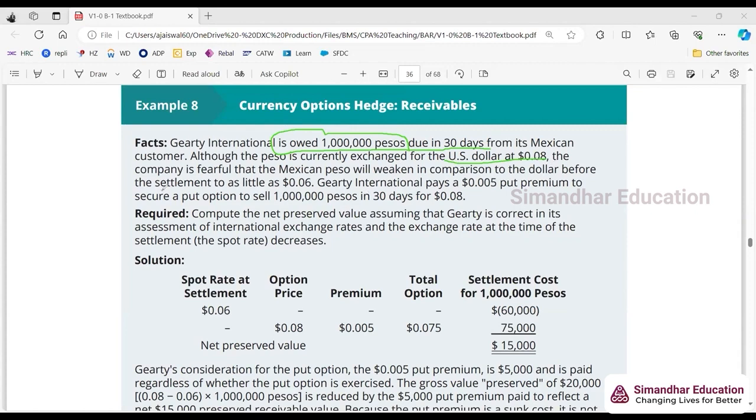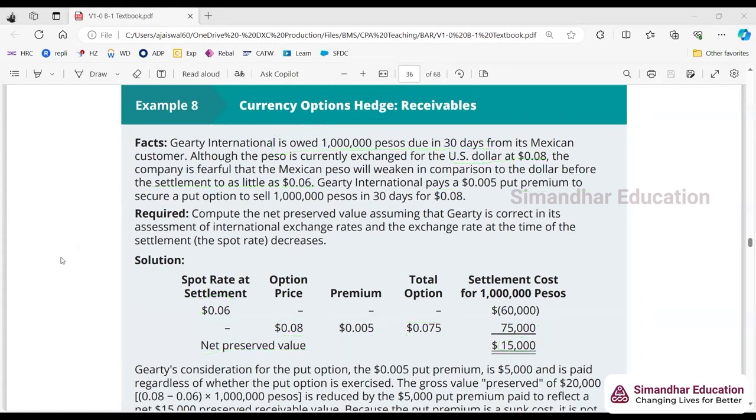So 0.08, and that is what is written here, that it may go down to 0.06. 0.005 is the premium, so they get into this option. So spot rate is 0.06, option is 0.08, premium is this one. So net option price is 0.075. Our 60,000 will be the outflow, 75,000 will be the inflow. So net inflow or net gain is 15,000. It is also called net preserved value. Okay.